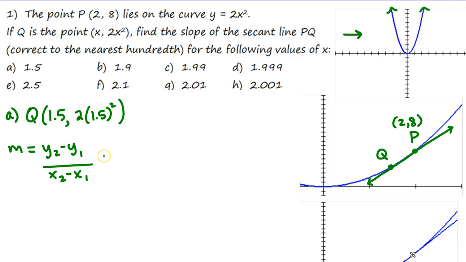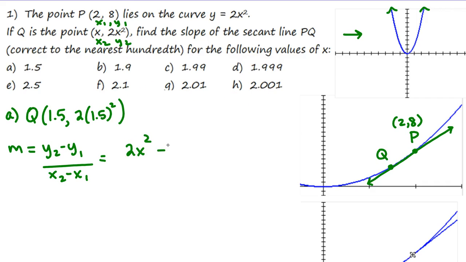Let's say that point P is our (x1, y1), and point Q is our (x2, y2). So y2 is 2 times 1.5 squared, but in general, it's just going to be 2x squared. We're going to do it with 8 different values of x.